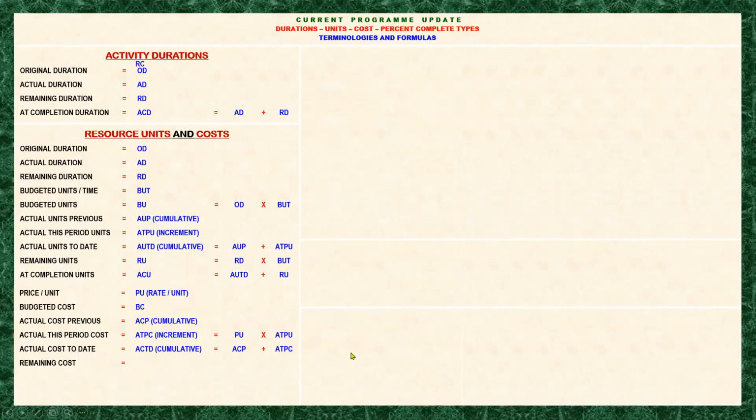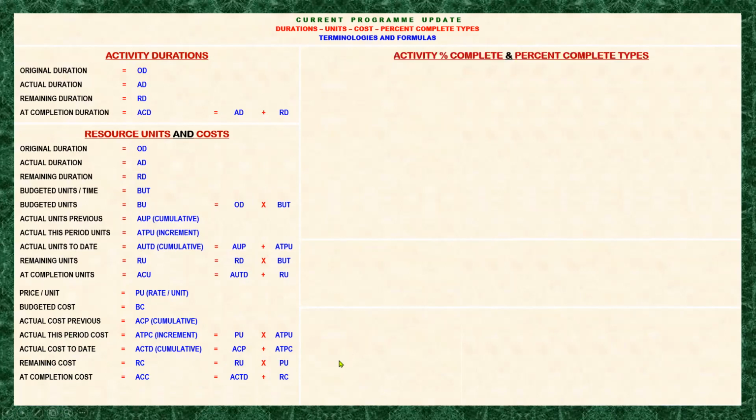Okay, let's move on. So remaining cost is also simply the remaining units multiplied by the price per unit. And then we have the at completion cost. Usually it is actual cost to date plus the remaining cost.